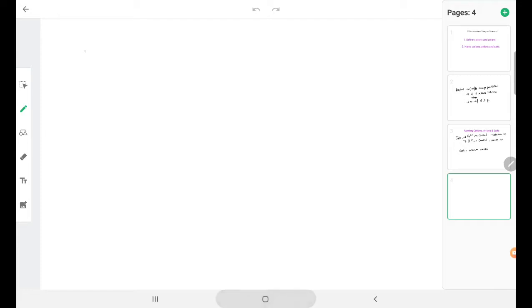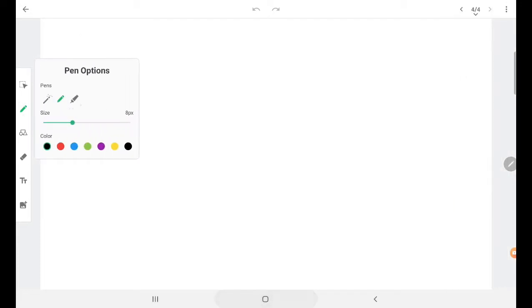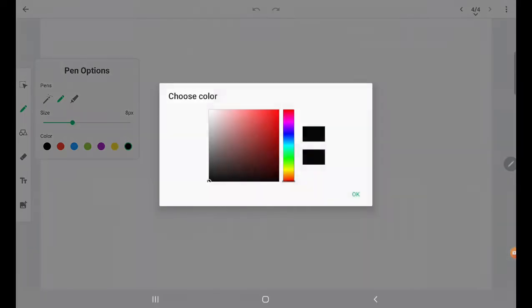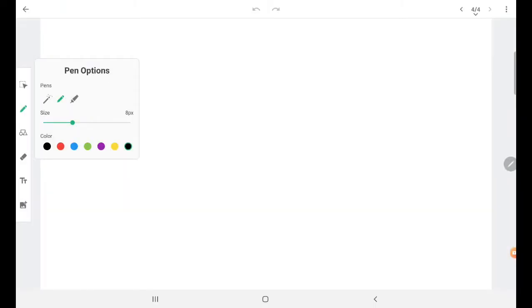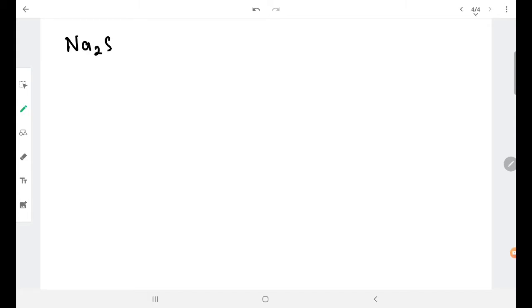Okay, now let's see the second example. Second example is Na2SO4. So Na2SO4 consists of Na plus ion and SO4 2 minus ion.